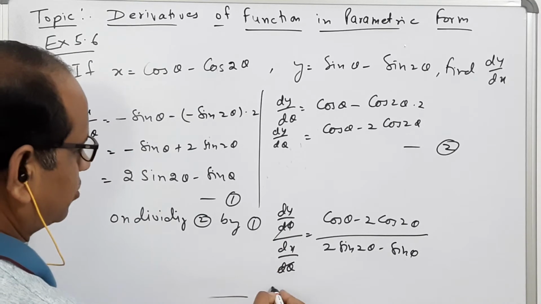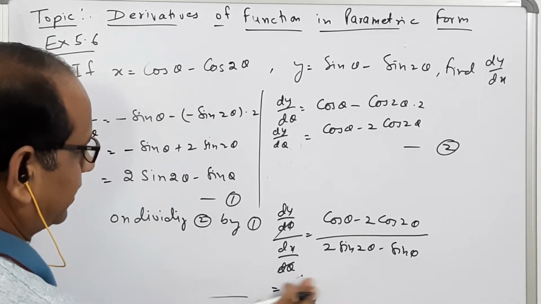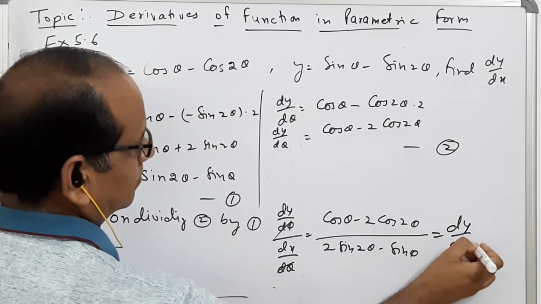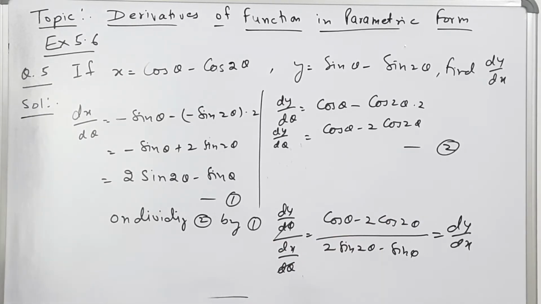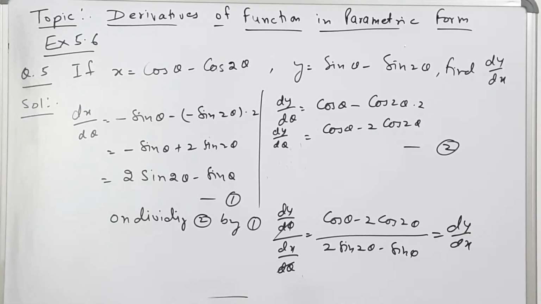And this is actually dy by dx. This part itself is dy by dx. So here we complete that this value is dy by dx. This is the problem number 5.